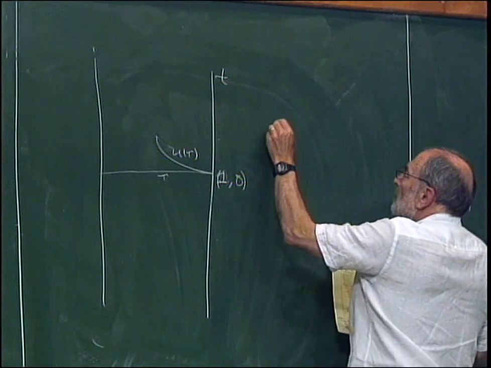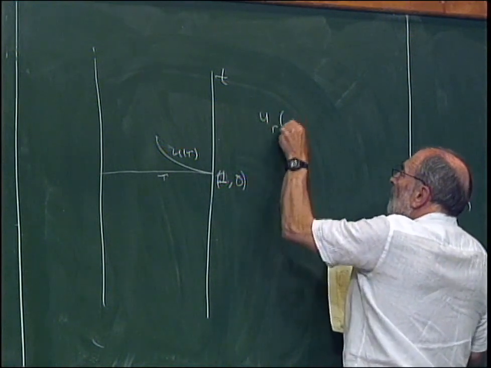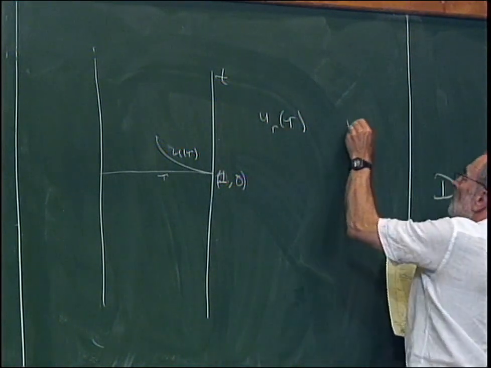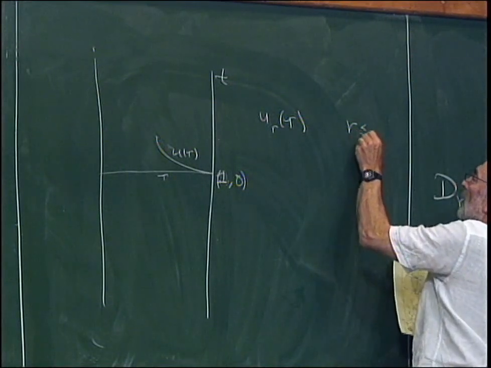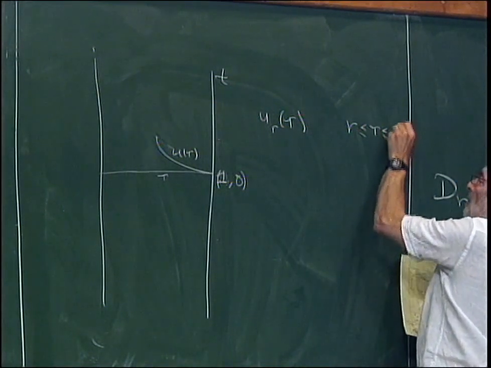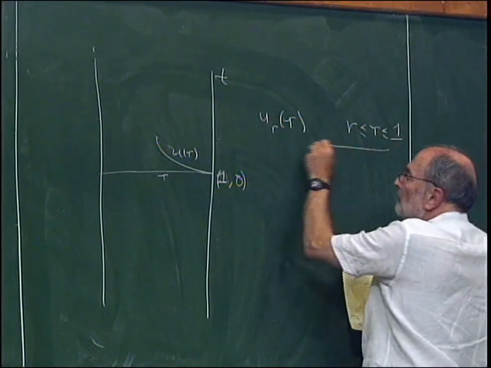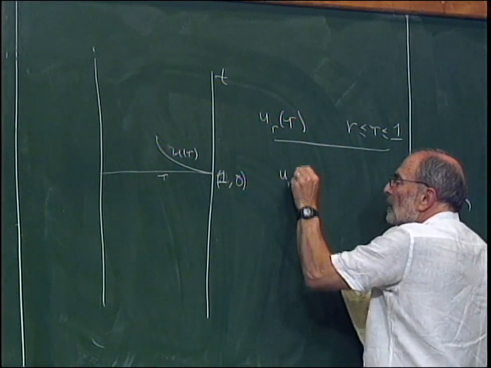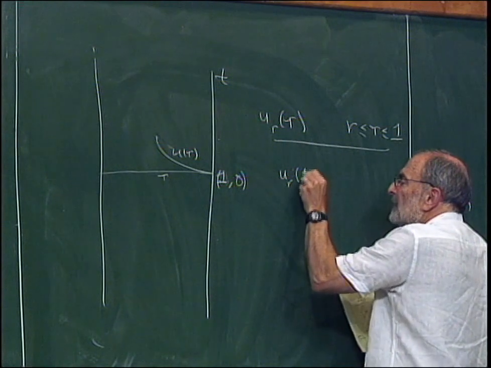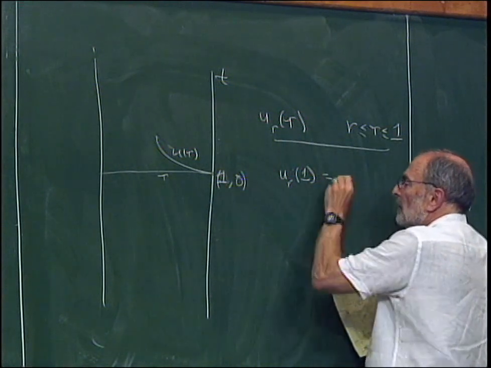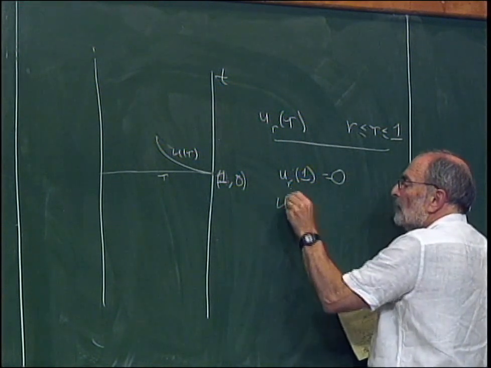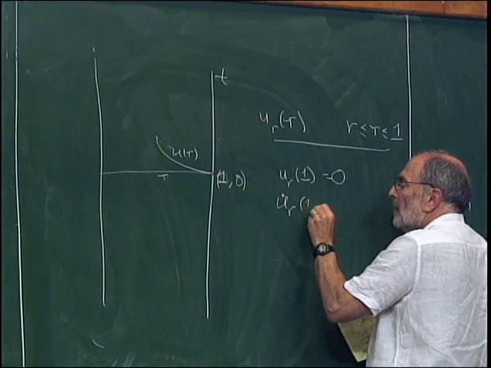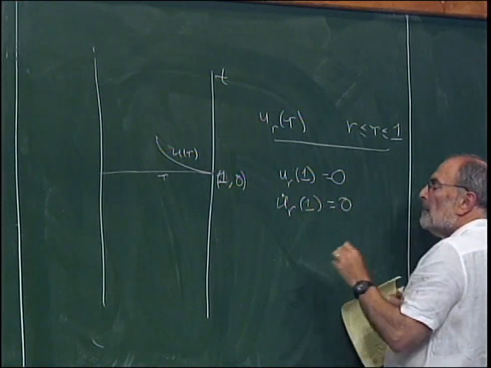And it's on an interval between r and 1. And for any r, u of 1 is 0. The derivative there is 0.